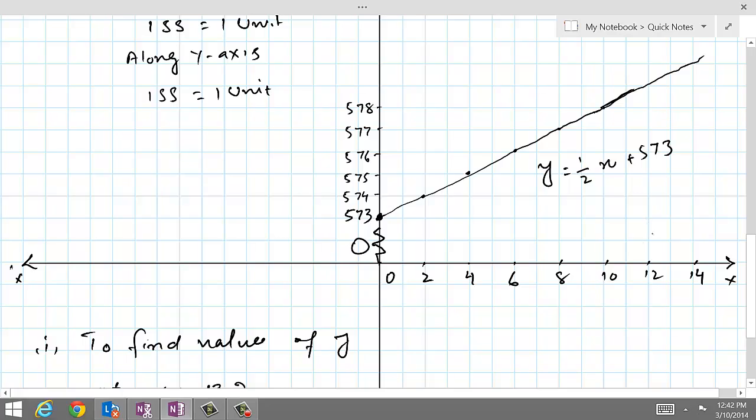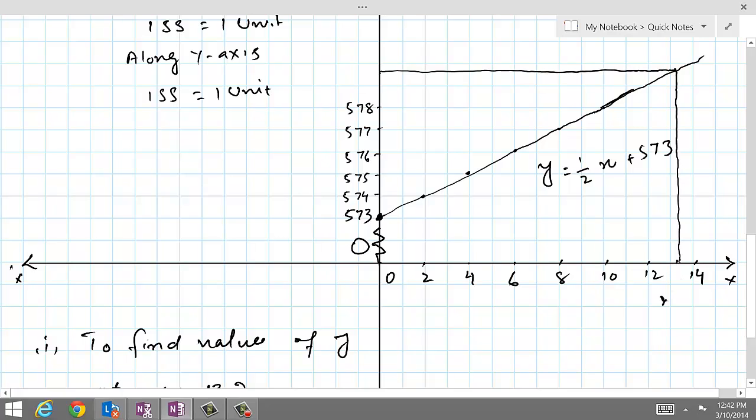If you read this value from here, if we extend the line, this is a handmade line, otherwise if we had the actual straight line, we can read 13.2 on the horizontal axis. 13.2 would be right here somewhere, and if we draw the line from this point to meet the line, and then we can also draw the line from here to meet the line at this point.